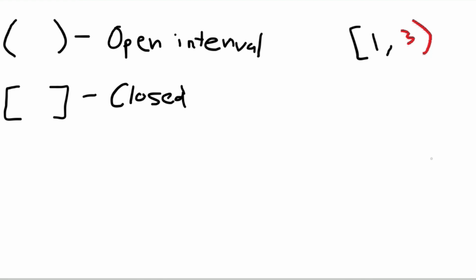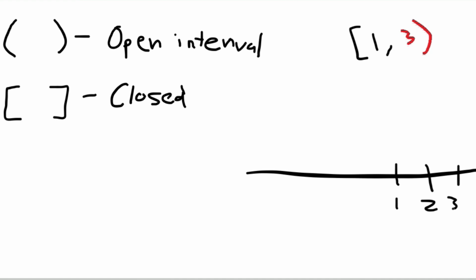Now, what this means is that the interval is, let's say on a number line, constantly approaching 3. We got 1, 2, and 3. Then our interval is going to be like this. It's very close to the 3, but it never actually quite touches it. You see, it touches the 1, but it doesn't quite touch the 3.